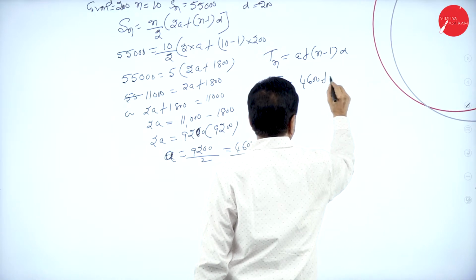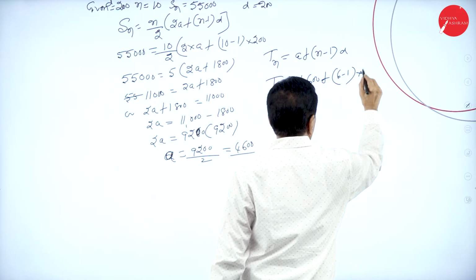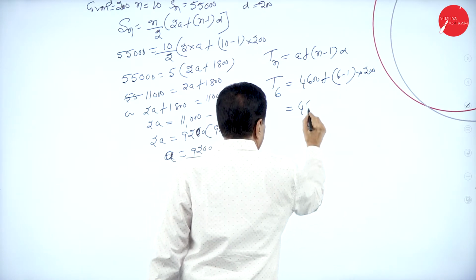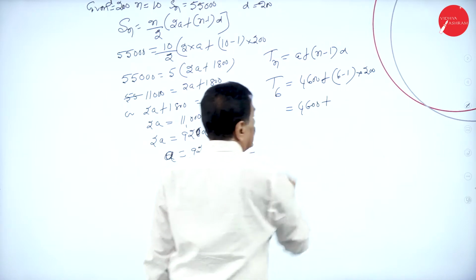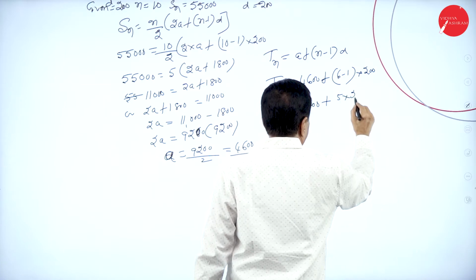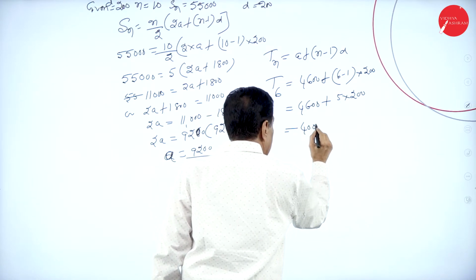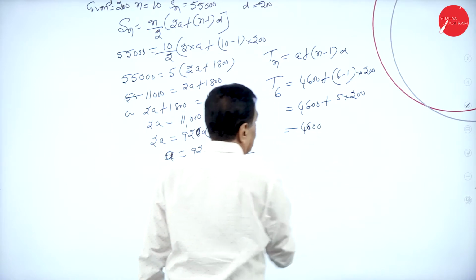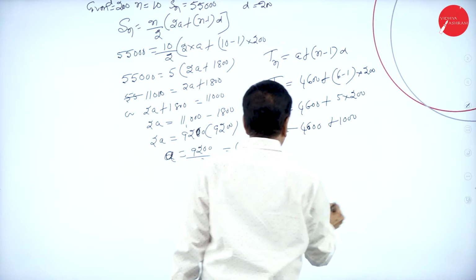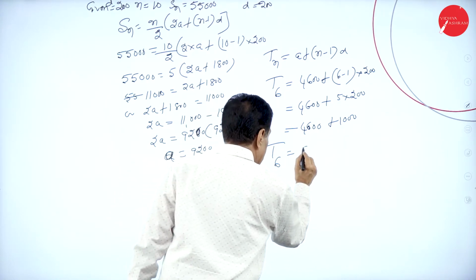Which year does he want? 6th year. 6 minus 1, your difference is 200. So 4,600 plus 5 into 200, that is 4,600 plus 1,000. So T6, the sixth year, is 5,600.